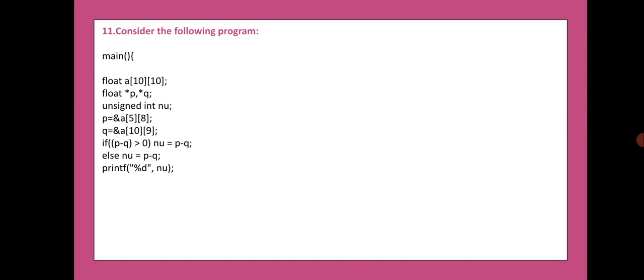If p minus q is greater than 0, nu equals p minus q, else nu is equal to q minus p. Sorry about this, it should be q minus p. So what is the output of this?